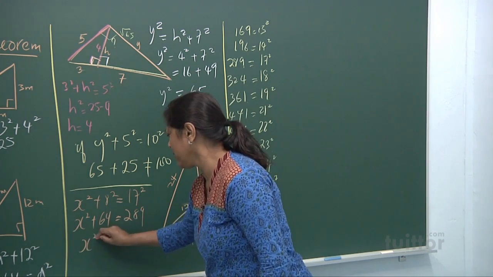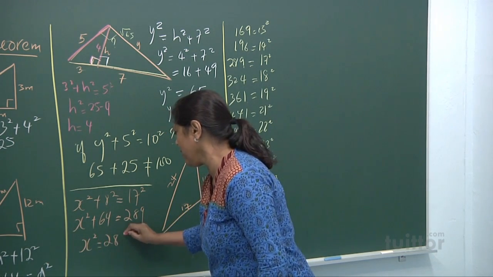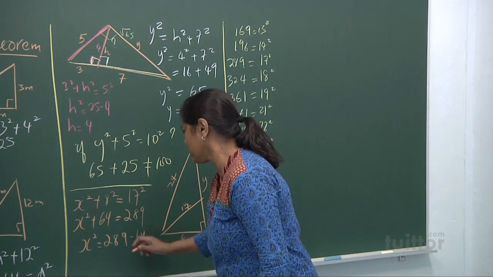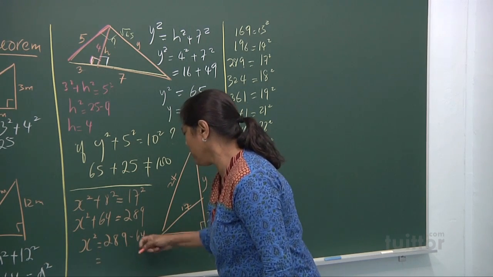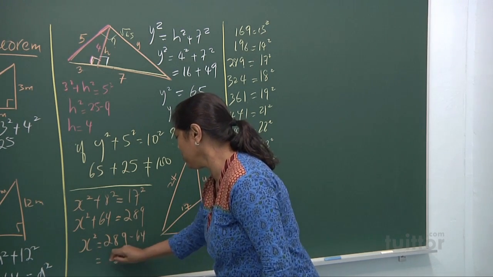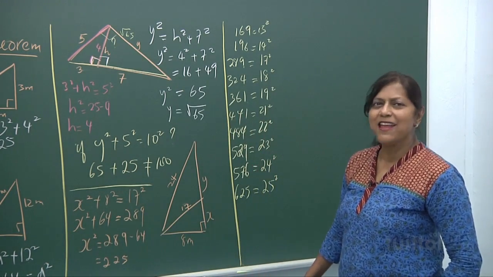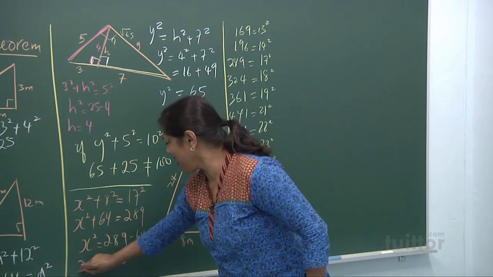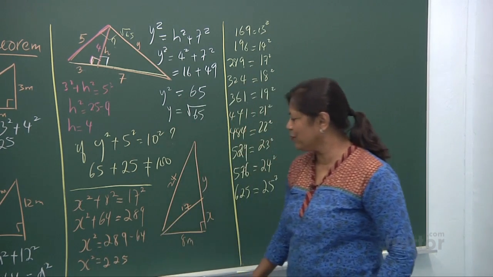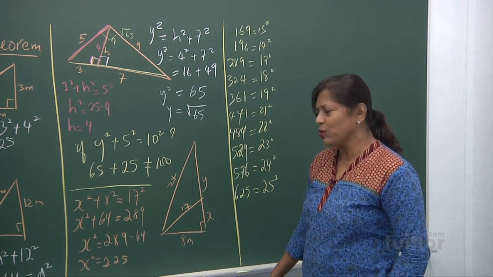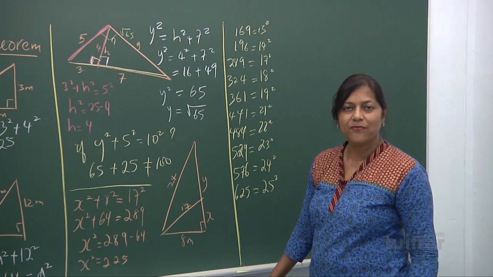Your x squared will be 289 minus 64. And that will give you 225. That's an interesting figure. x squared is 225. And what is the square root of it?